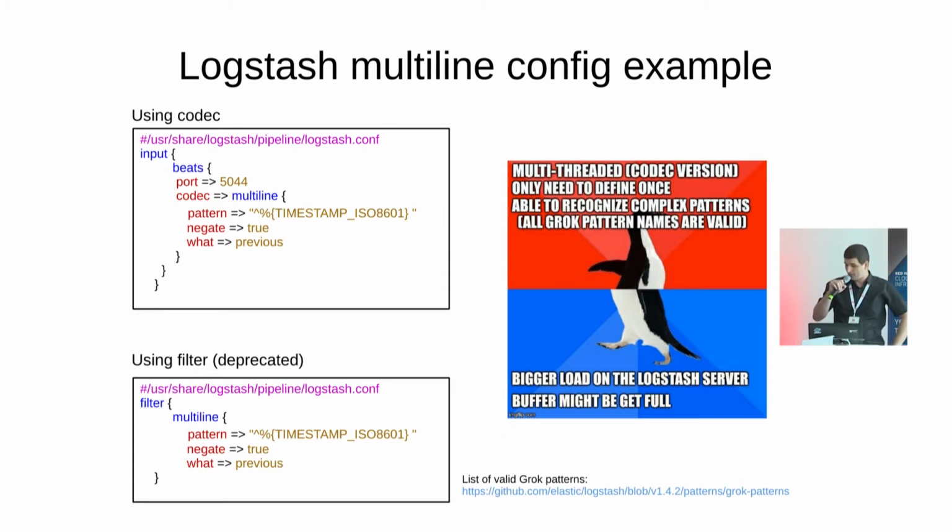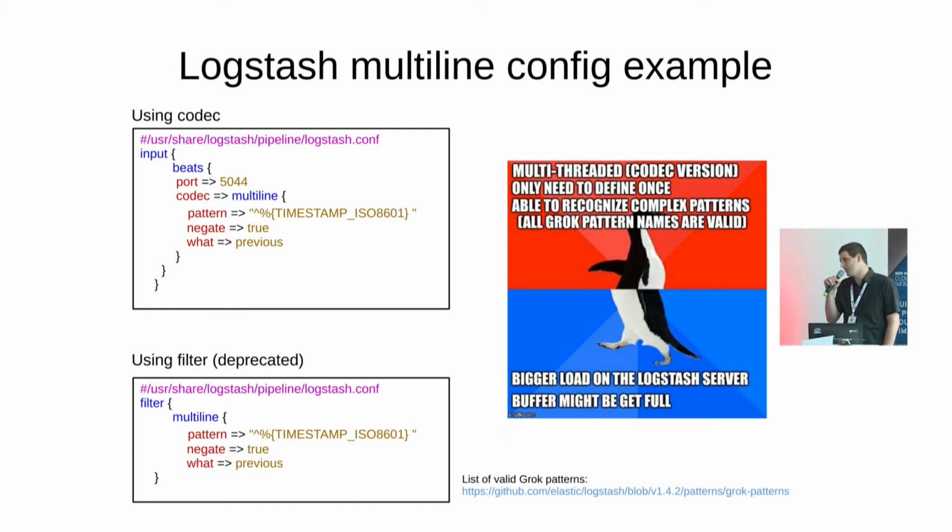What is the benefit of using Logstash and having this type of configuration? That you are able to recognize these multi-line logs and handle them as a single event. The problem with this is that Logstash is basically a Java application, so it has its own buffer.